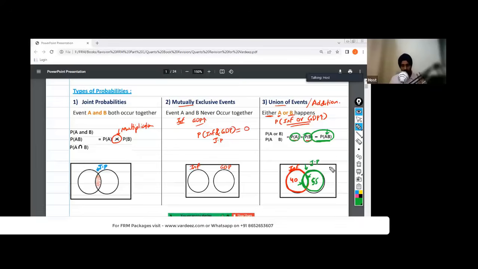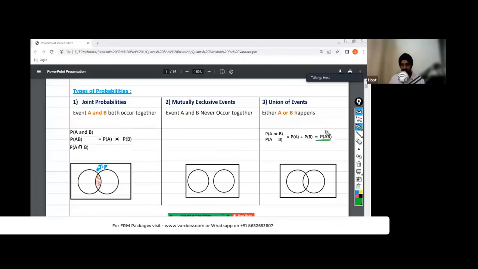That's a double addition that we do, so we need to take it out. That is why you would see a negative, or removal, of the joint probability. So that's the union of events A and B. Whenever you see and, multiply. Whenever you see or, either A or B, plus, that's an addition rule. And when you add it, you need to take out the joint probability.